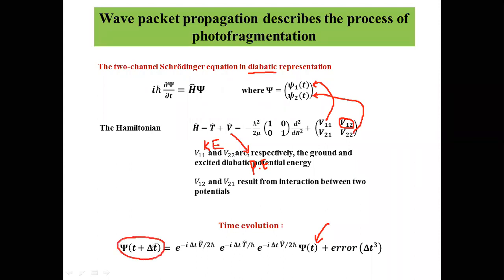Delta t means I am slicing the time with a time interval, so if I know the wave function at time t, what will be my wave function at t plus delta t, right? So that is the idea of the time evolution. Now it is done in the split operator method, right?